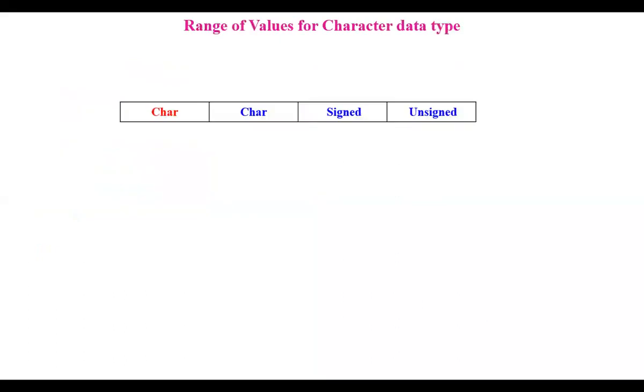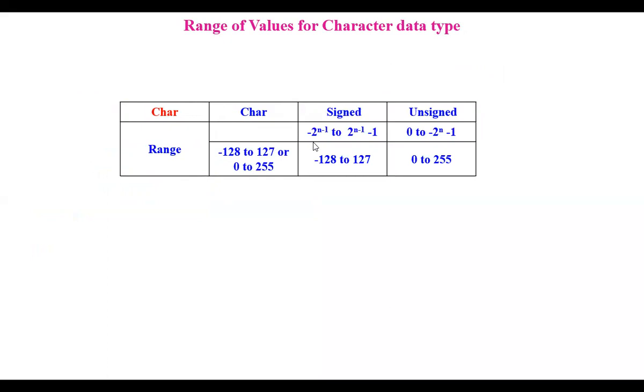Coming to the range of values, as we have seen, a character can be declared as char, signed char or unsigned char. The range is -2^(n-1) to 2^(n-1)-1, that is -128 to +127. All these numbers, 0 to 255, are totally 256 numbers.